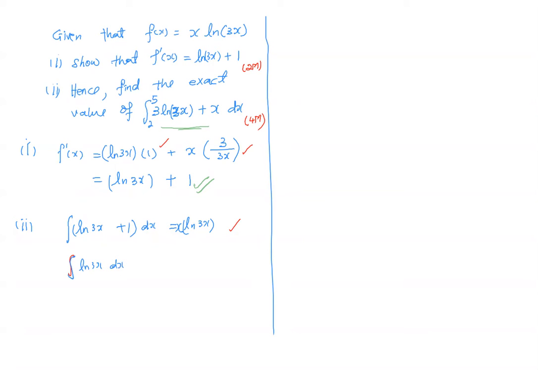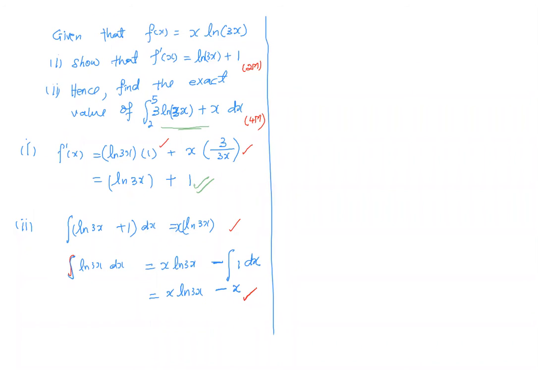If you want to jump step, you can do so. Here plus becomes minus, but I haven't integrated yet. If you got it right, then you write it like that. You will get another mark here.